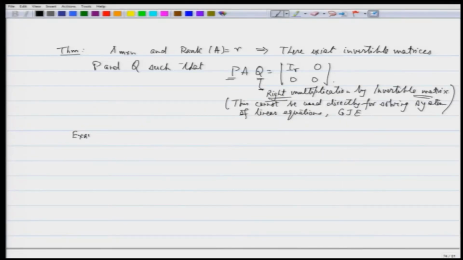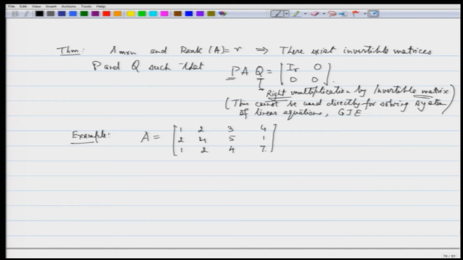So let me first take an example and then I will give a proof. Suppose my matrix A looks like 1 2 3 4, 2 4 5 1, 1 2 4 7. Suppose I have this matrix with me.